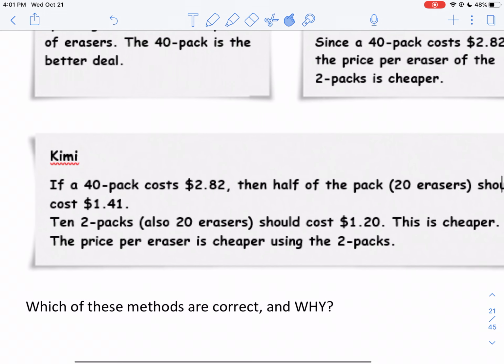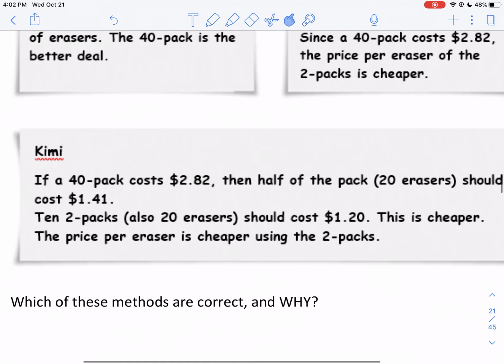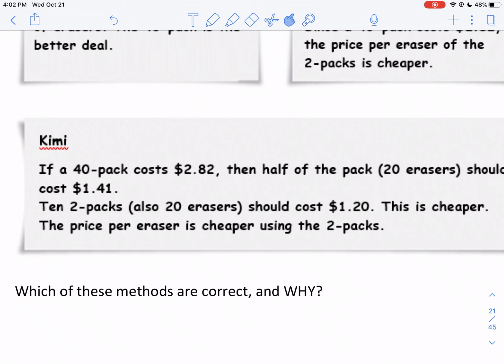And Kimmy says, if a 40-pack costs $2.82, then half of the pack, 20 erasers, should cost $1.41. 10 2-packs, also 20 erasers, should cost $1.20. This is cheaper. The price per eraser is cheaper than using the 2-packs.